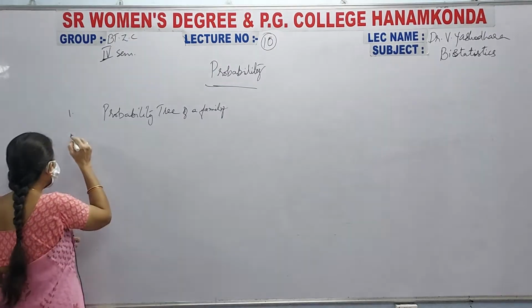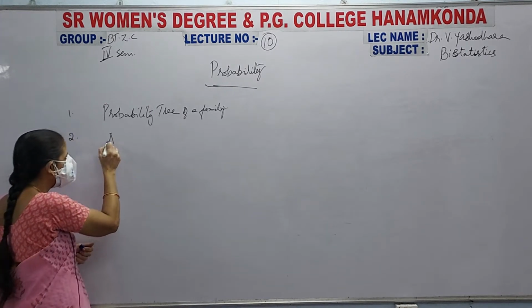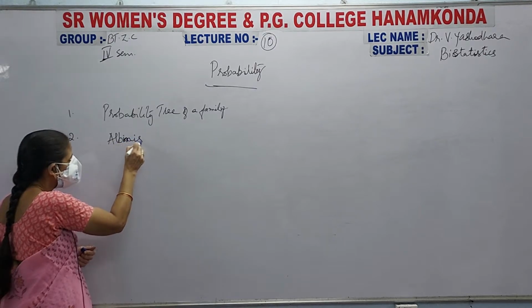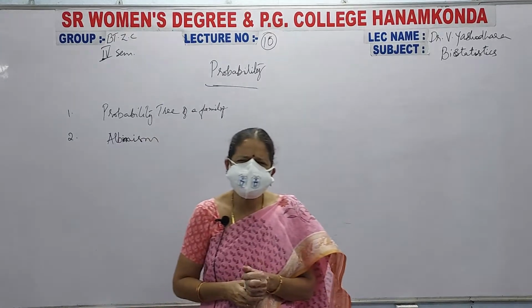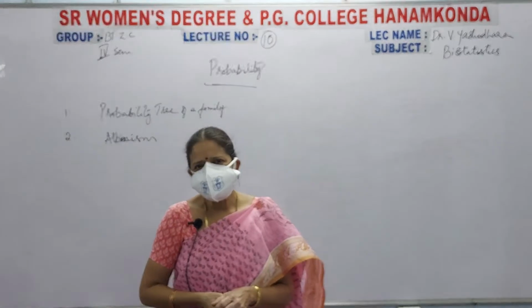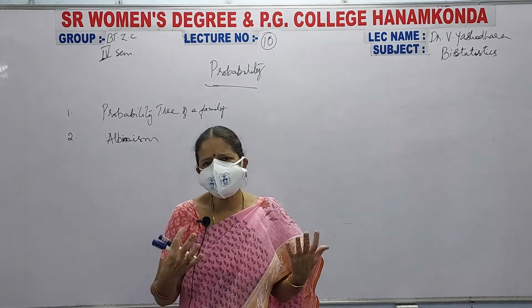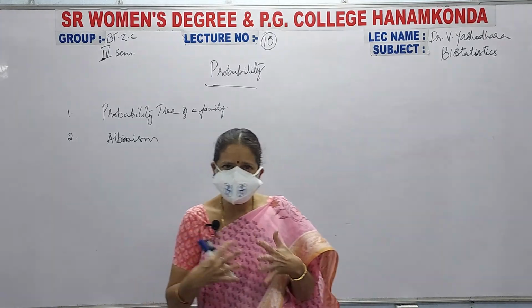Now coming to the second application: albinism. What is albinism? The person becomes very white, very fair, just like a white mouse or a white Pomeranian dog.